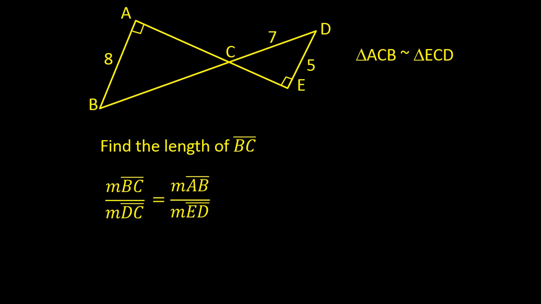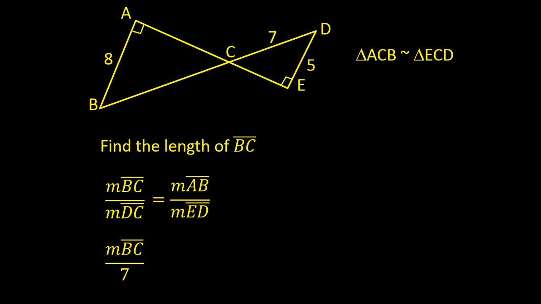And side AB and side ED are also proportional to each other because they are opposite congruent angles. The congruent angles being the vertical angles that you see that contain point C in the middle of the picture.